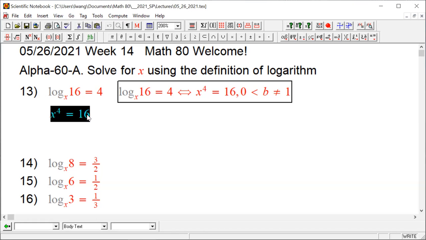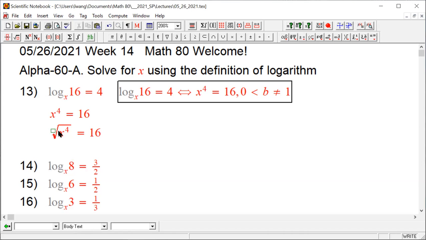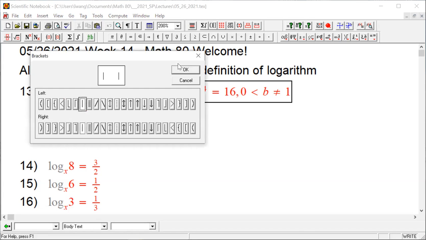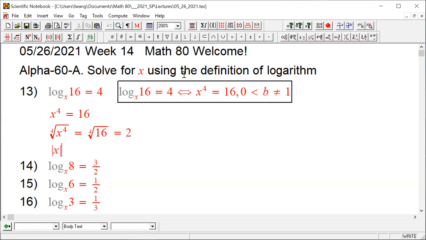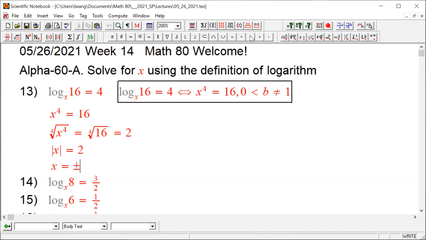And then you're going to take the 4th root on both sides. The 4th root of 16 is 2 because 2 to the power 4 is 16, right? And how about on this side? Because it's an even number root, it's the absolute value of x equals to 2, and x equals to what? +2 or -2.